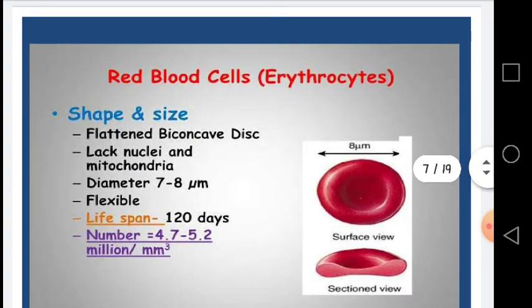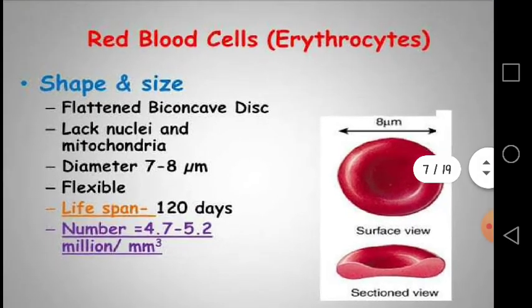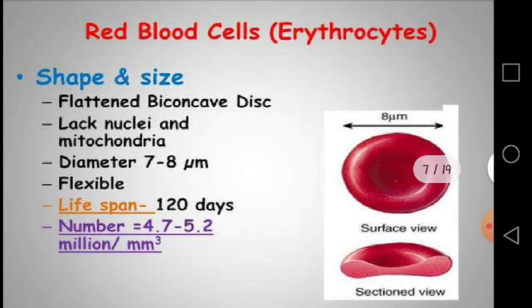Now we are going to focus on the shape and size of the red blood cells. The red blood cells are also called the erythrocytes. According to this slide, you can see the red blood cells are flattened biconcave discs, lack nuclei and mitochondria, and the diameter is 7 to 8 micrometer.